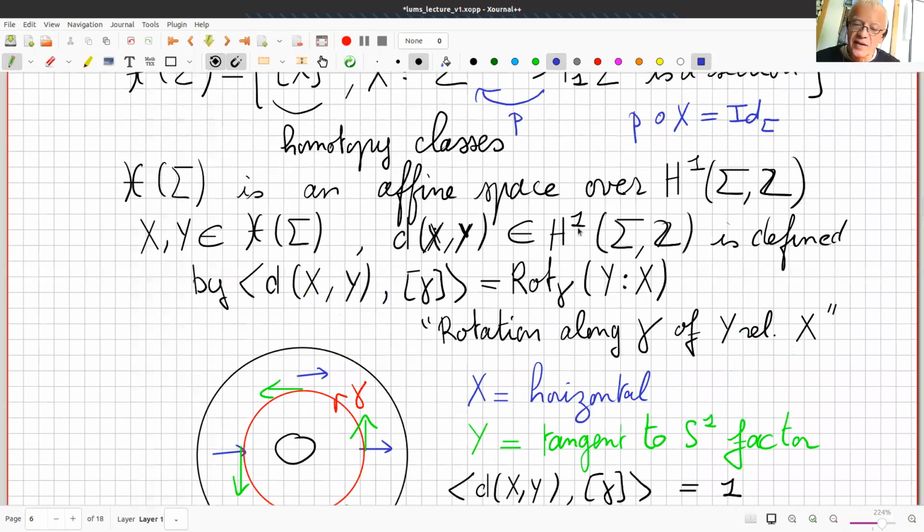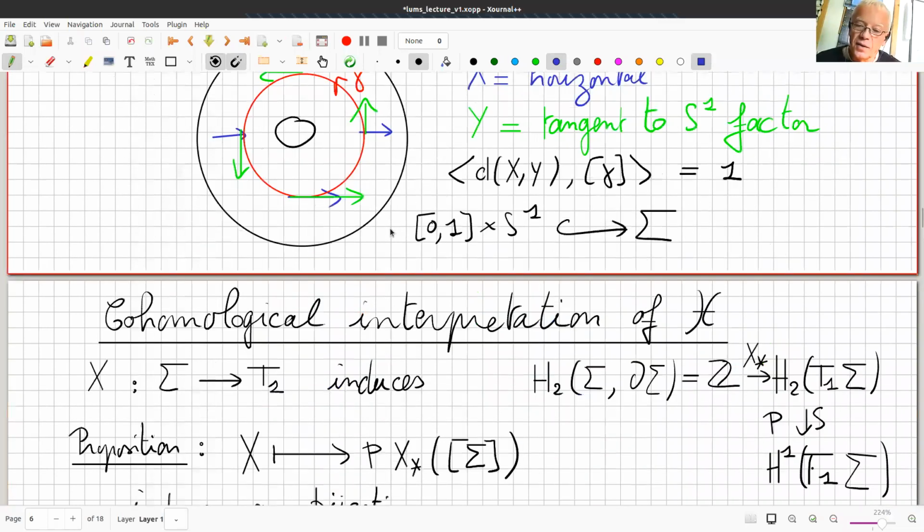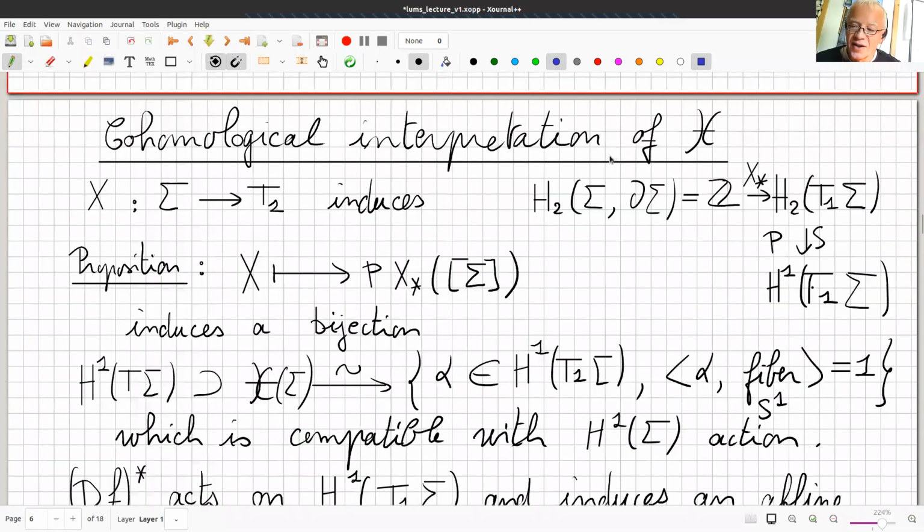So this means that we have a nice cohomological interpretation. We can deduce from this. My point is to think about the action of the mapping class group on vector fields.